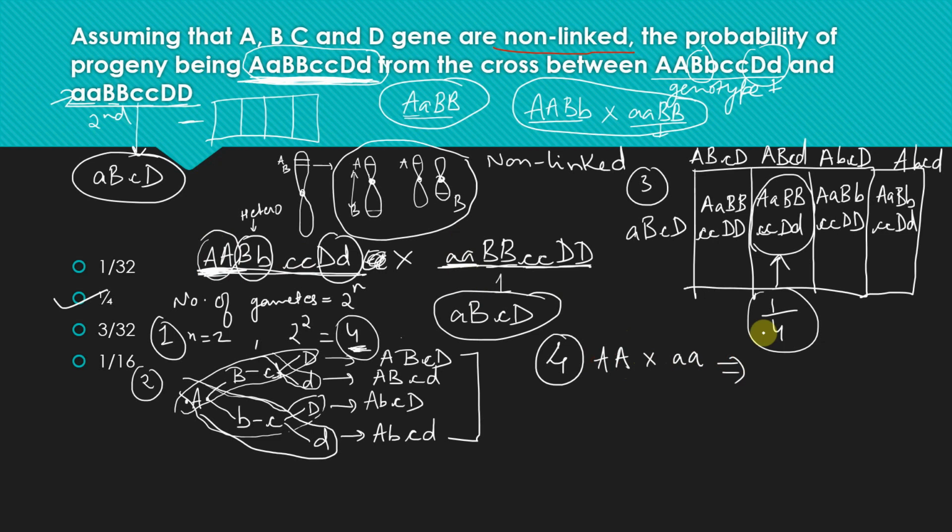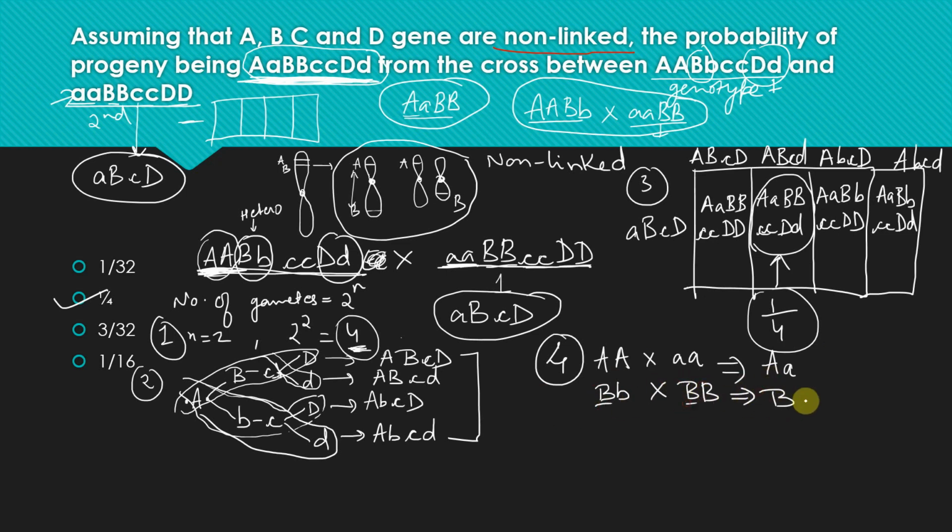So what is the possibility of the progeny having this combination of the A gene? What you will get is capital A small a, right? All will be with this one only. Now the second one is with the B. Let's do for the B, capital B, and the second parent is capital B, capital B. So here we can get what?